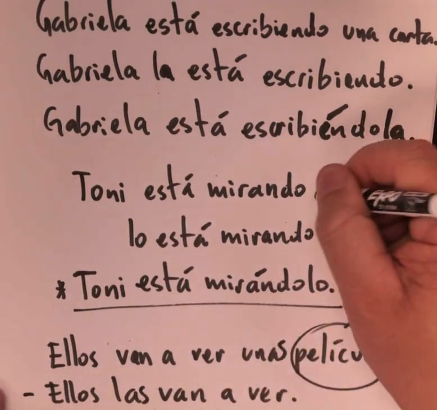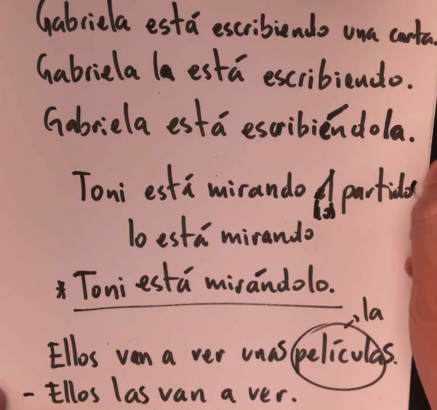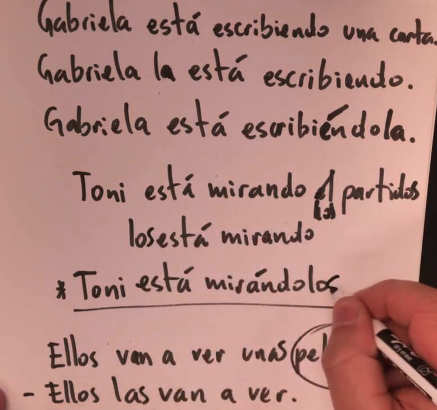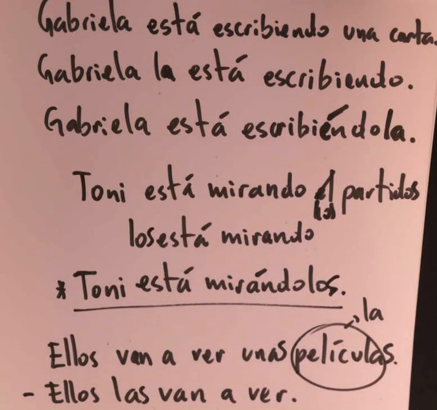Tony está mirando los partidos. Los está mirando, o Tony está mirándolos. Mirándolos, right? So that part needs to agree, all right? Yes. So just make sure that you're able to identify these problems on the test.